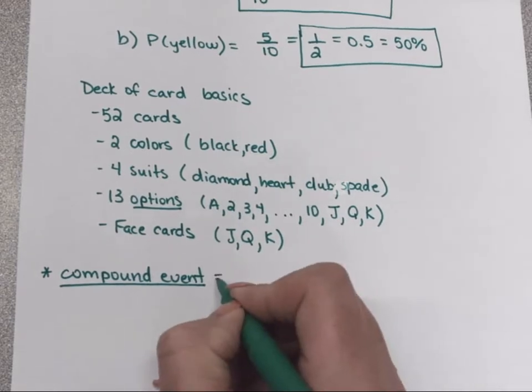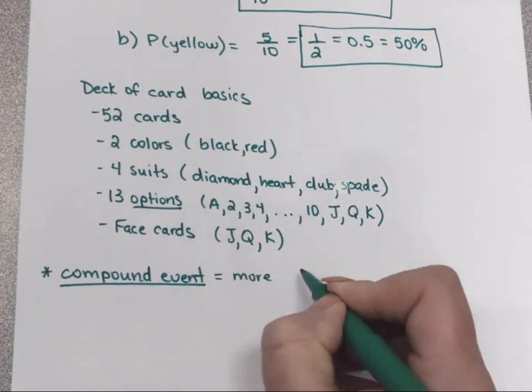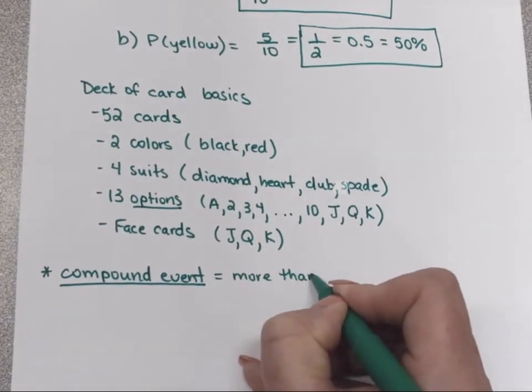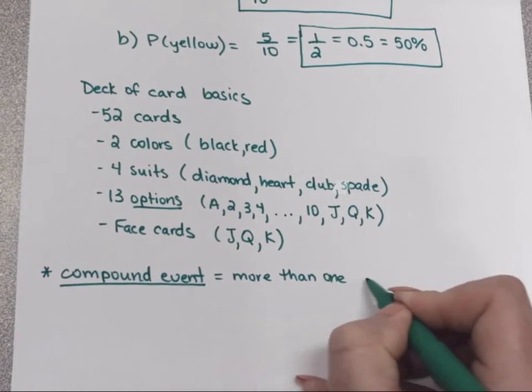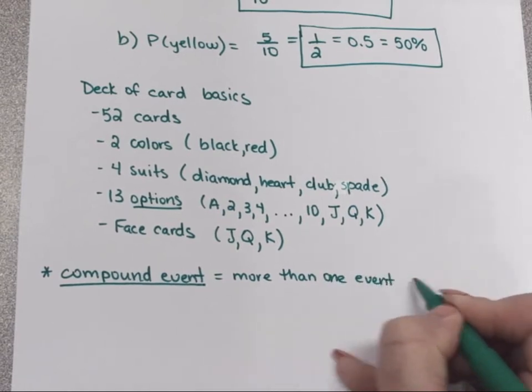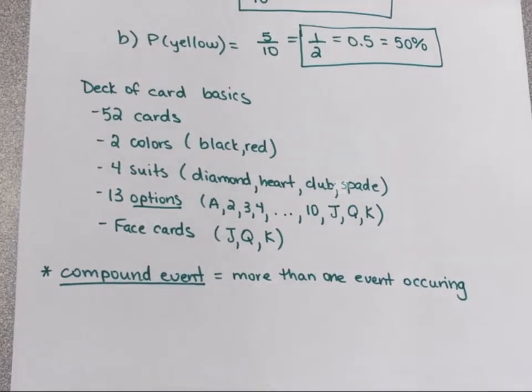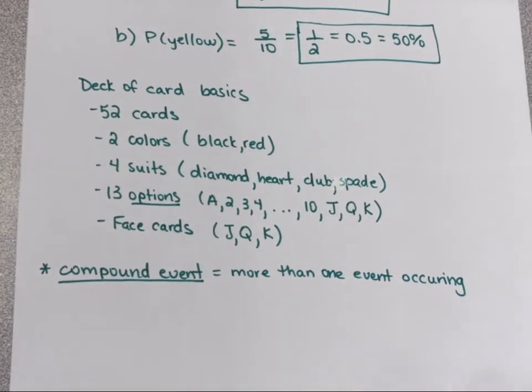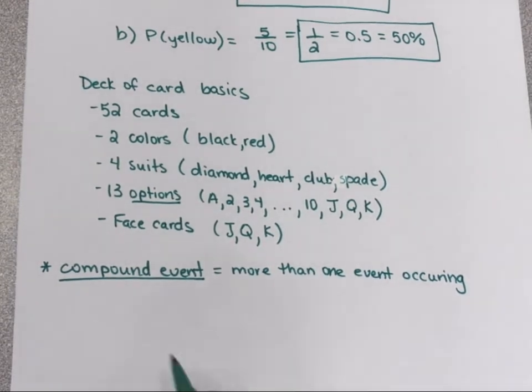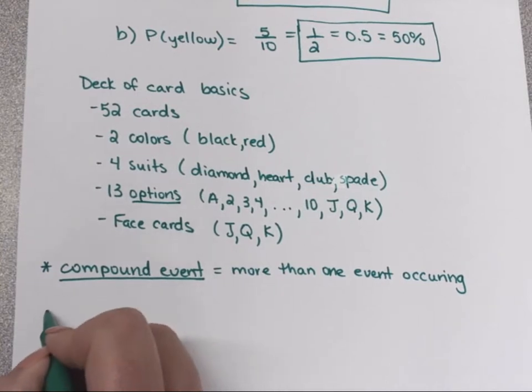Okay, so a compound event is more than one event occurring. And so this can look like different things, okay? And so let's look at the first set of compound events.